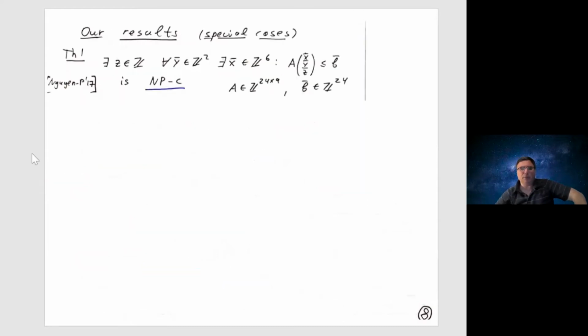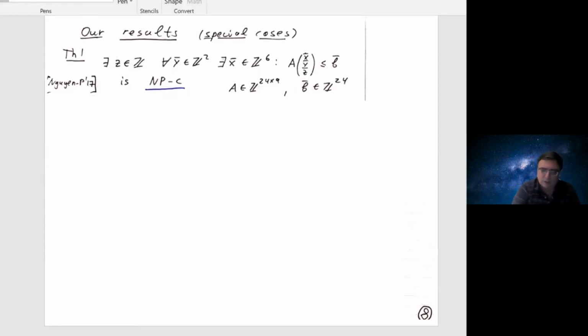Good. So now let me tell you our older results, and I'm never going to tell you the full versions because they're all becoming kind of technical. However, some smaller versions are easy to understand, and that's what I'm going to do. So we look at the following problem, this problem over here.